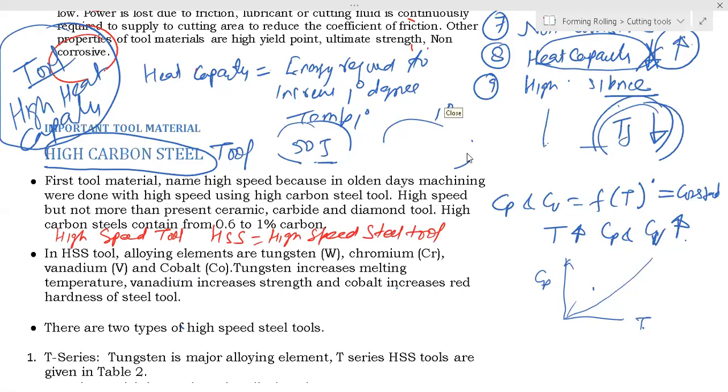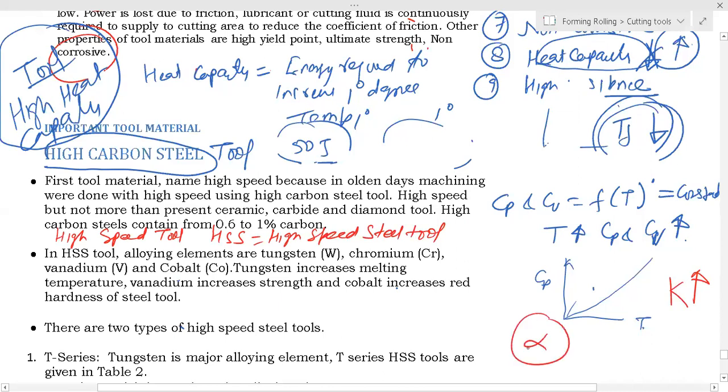As temperature changes, Cp also varies, which is prominent. K or Cp? K. I am talking about this alpha altogether. This alpha means K by rho Cp. I am not talking about individually this or this; I am talking about the whole.